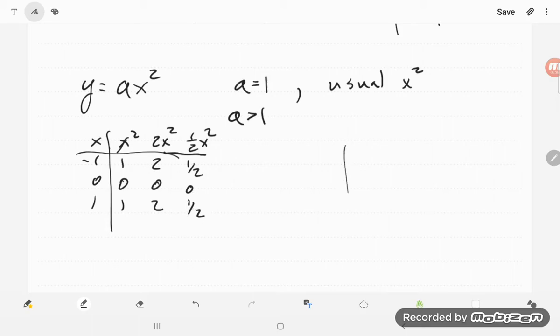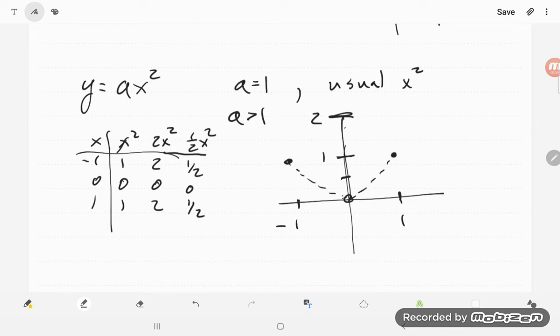Now if you plot those points, there's -1, there's 1, there's 2, there's 1, and 1/2. And so the original was going through here. So there's our original, x squared.